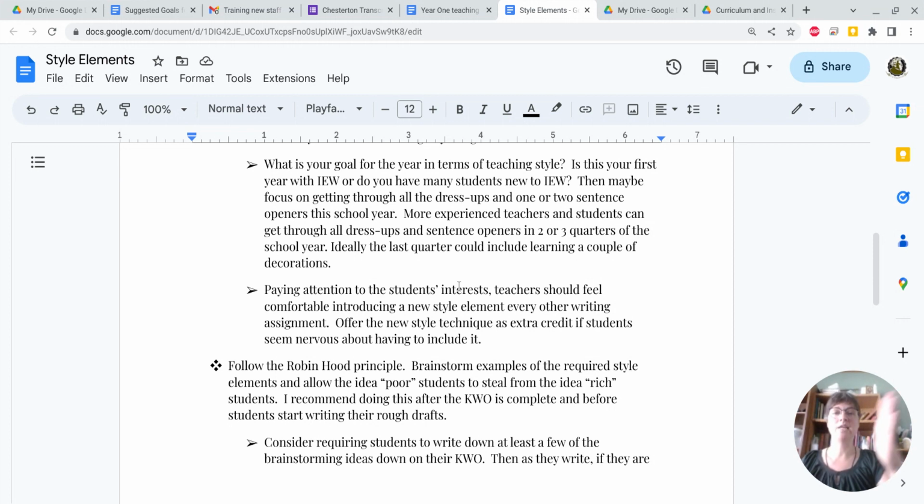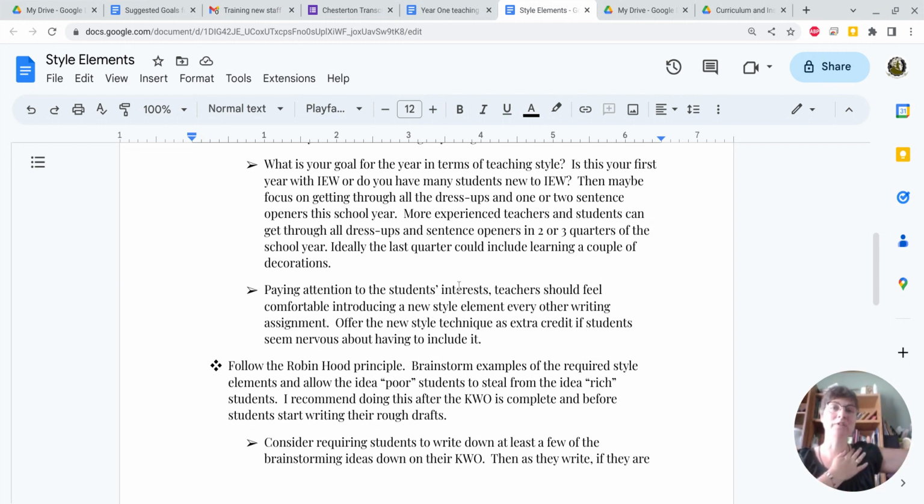Okay, and then break it up into chunks and put it right in your lesson plans at the start of the year. Okay, by week 6, I hope that we've covered these dress-ups or whatever, that kind of a thing. So that as your year goes on, you can remember, oh yeah, I wanted to add that in by now and I still haven't. Maybe I can do that on the next assignment, okay? Pay attention to your students' interests and the ones that they're interested in learning next.